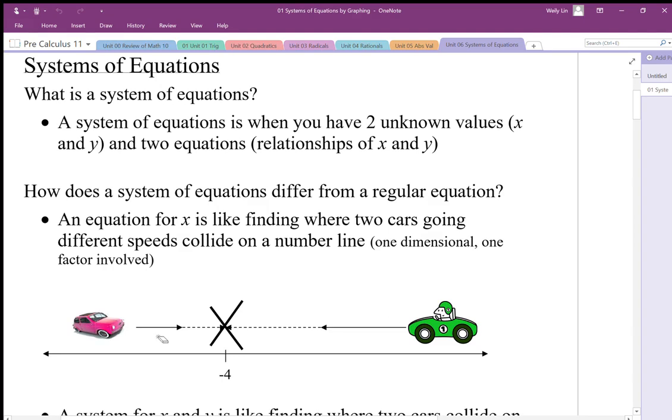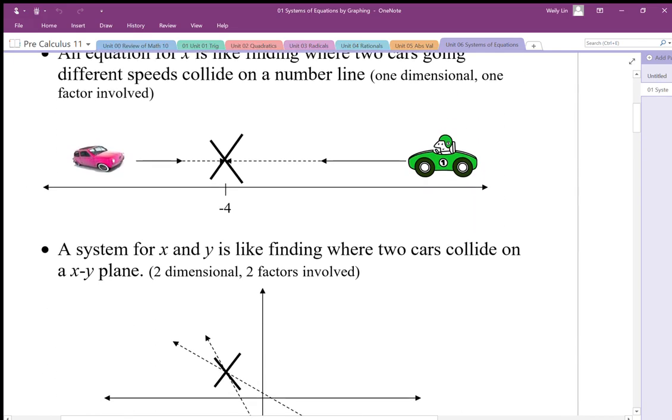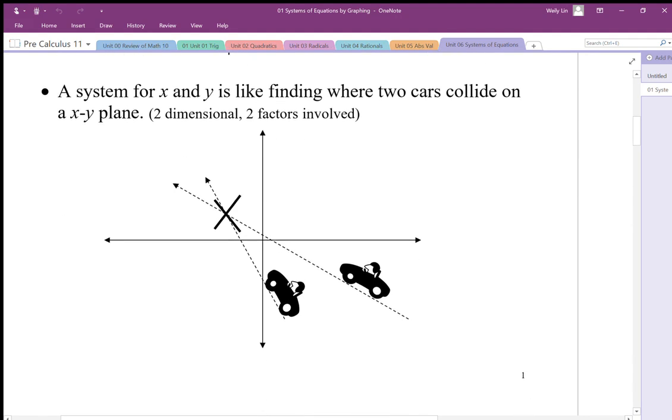So basically an equation with just one variable has a one-dimensional solution. It just has a solution along the number line at some point x. When we have a system where we have x and y, we now have two variables, so we're talking about a two-dimensional relationship.